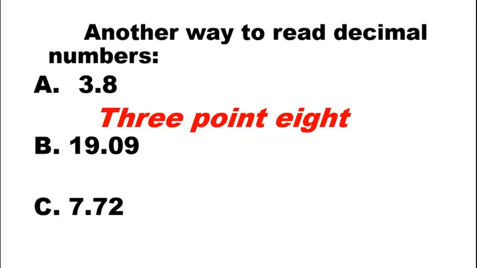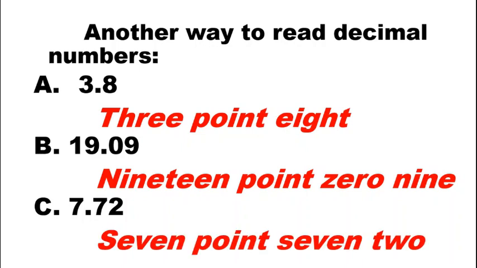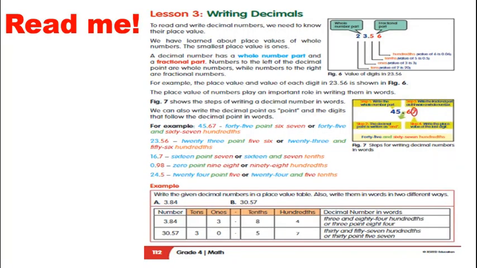You say 3, the decimal point we call "point", and read the 8. So we read it as 3 point 8. How about in B? Very good, 19 point 09. And C, 7 point 72. Very good.